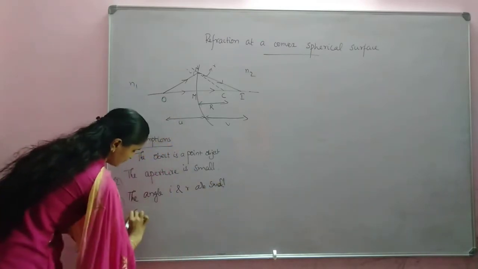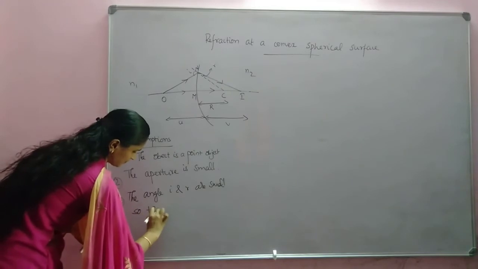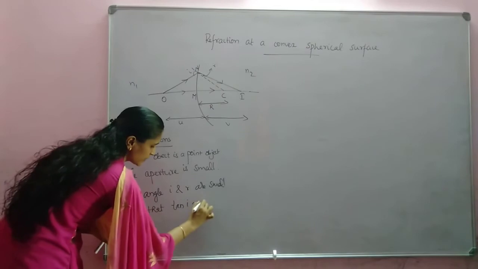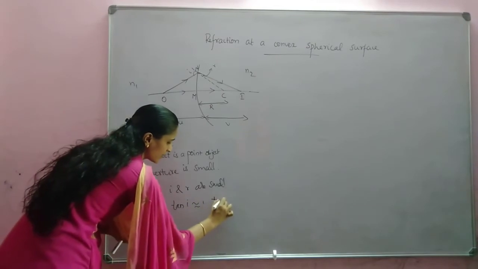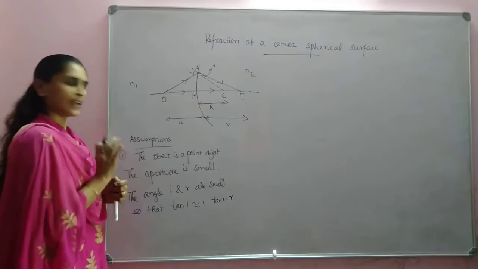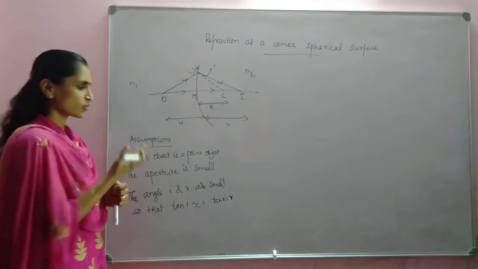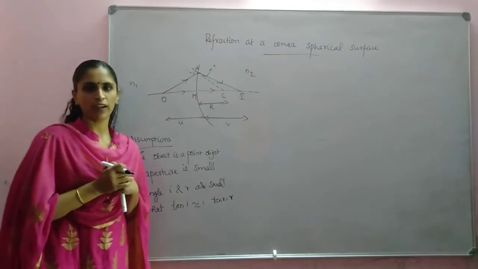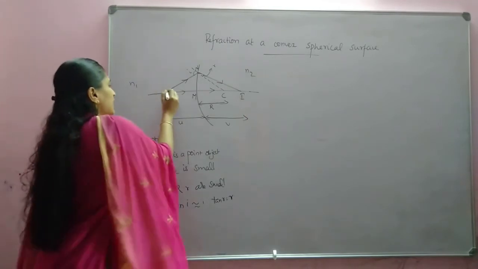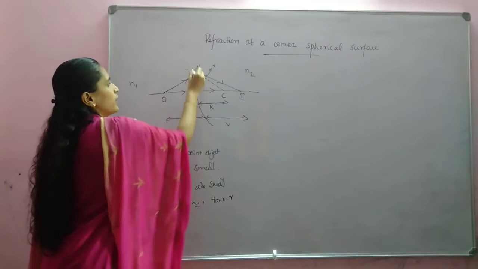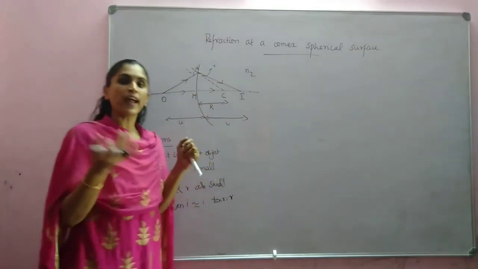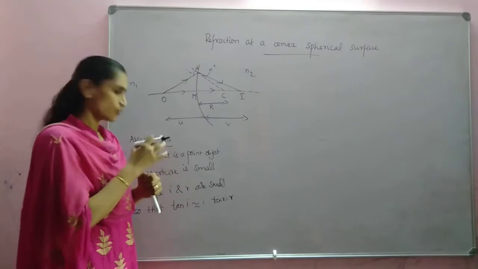so that tan I can be approximately equal to I, and tan R, or any angles, their sine or tan can be approximated as the angle itself. Not only these, if we consider the angles NOM, NCM, all those angles, tan of those angles can be approximated to the angle only.